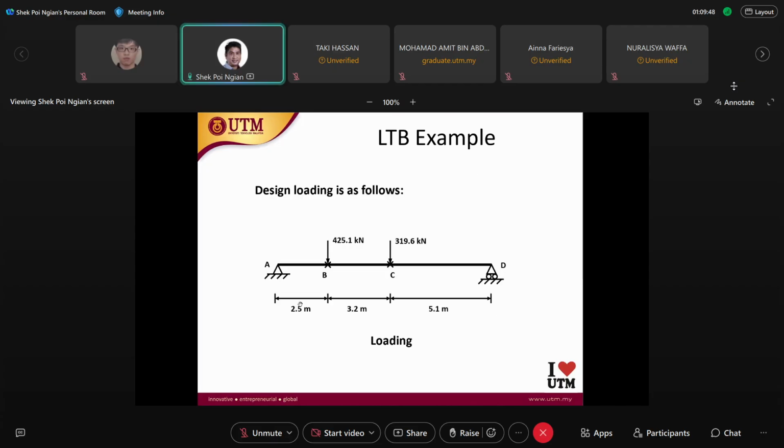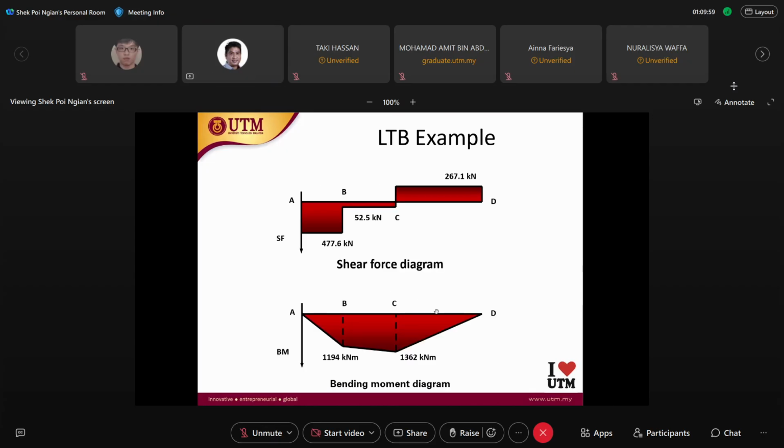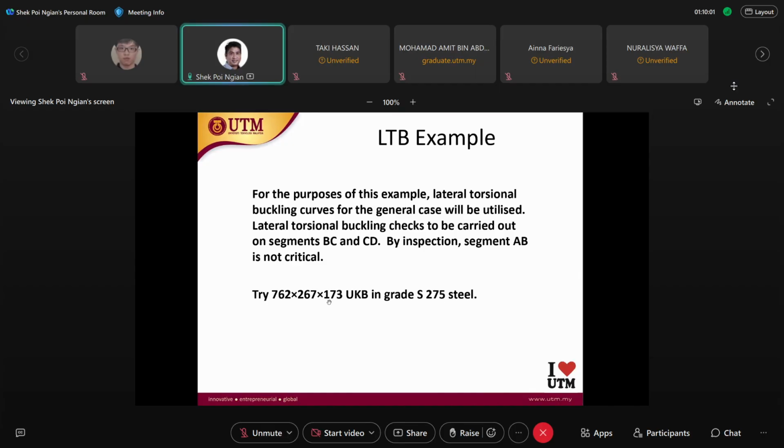AB has a 2.5 meter length, CD has 5.1 meters, and ABCD is one beam using the same size.